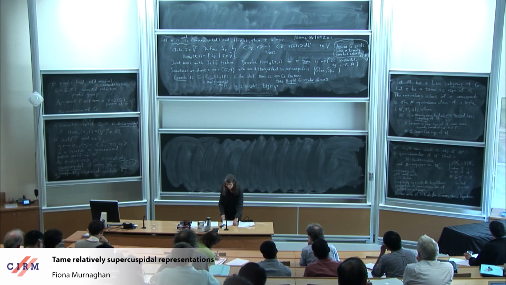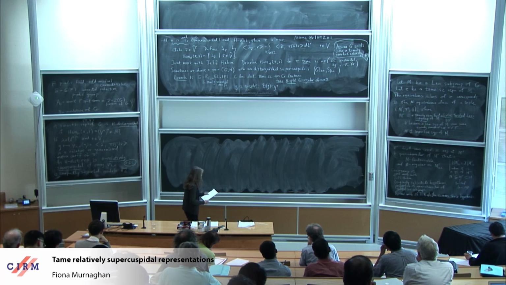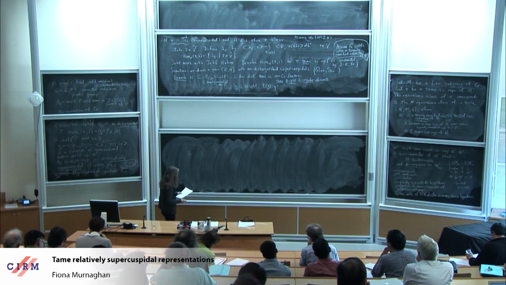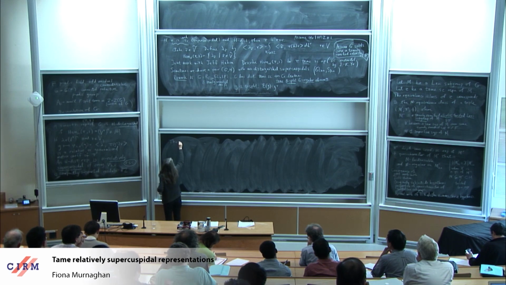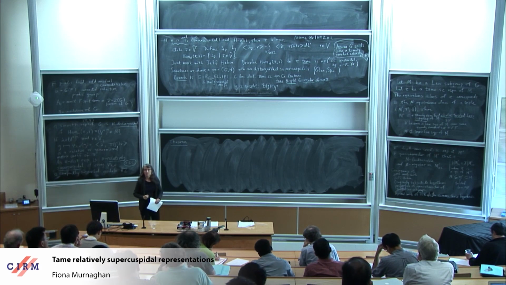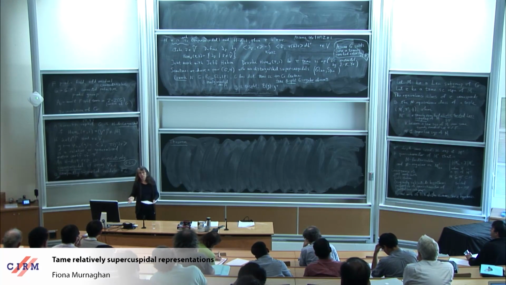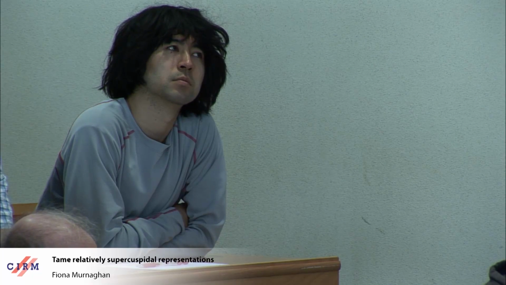It is rather technical, so I'm only going to give a general idea. So here's the theorem. This theorem does not say anything about relative supercuspidals, but it is used in proving that certain representations are relatively supercuspidal.